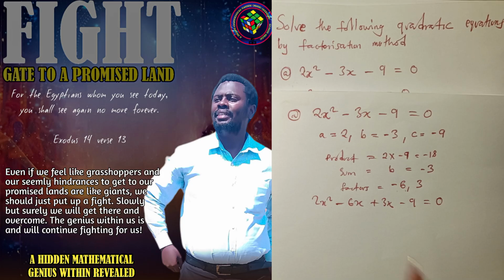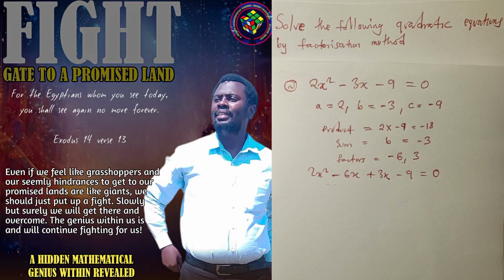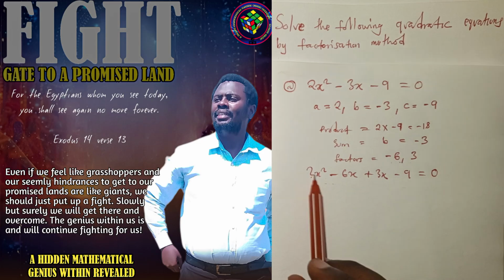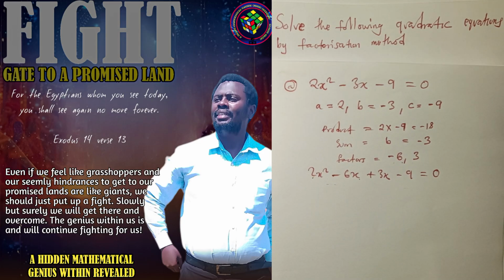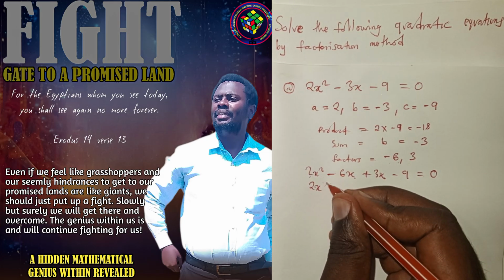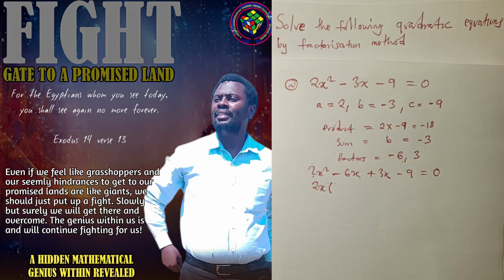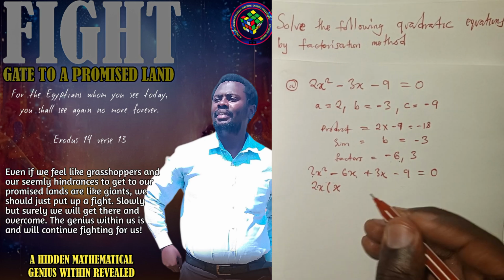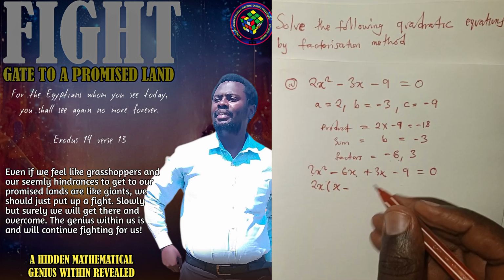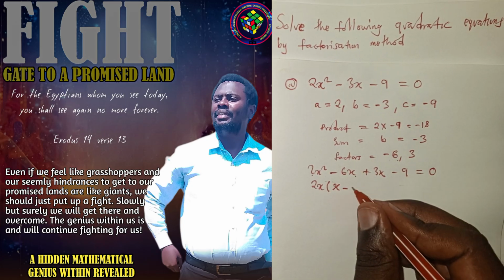Okay, so since we have these four terms, we can now factorize by grouping terms. Okay, what is common in these two, in 2x squared and 6x? Yes, 2x is common, so you divide out 2x. So 2x squared divided by 2x, you get x, minus 6x divided by 2x, yes, that is 3.